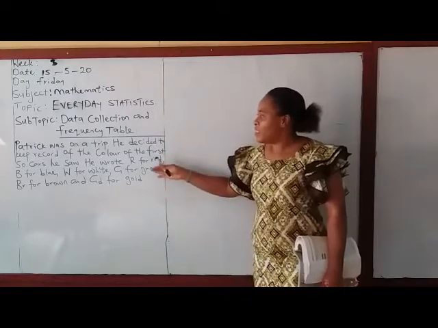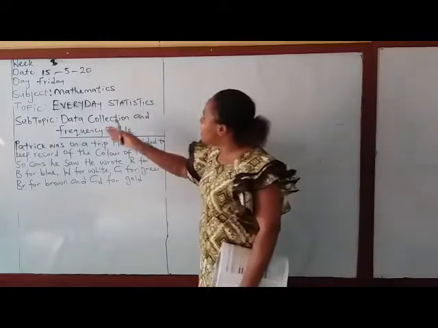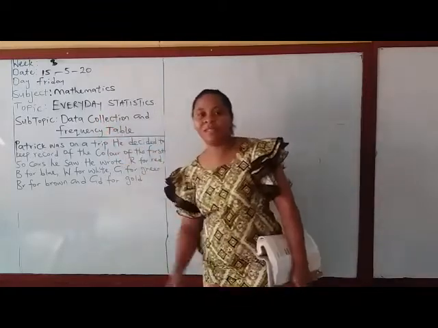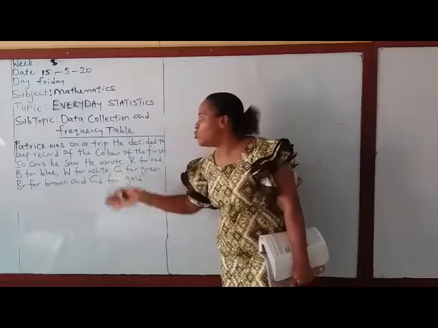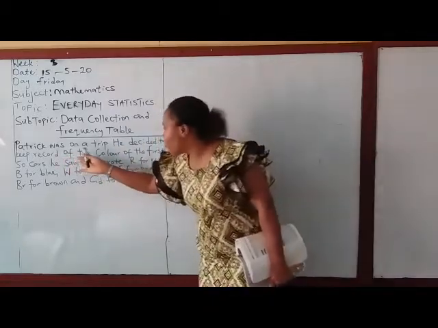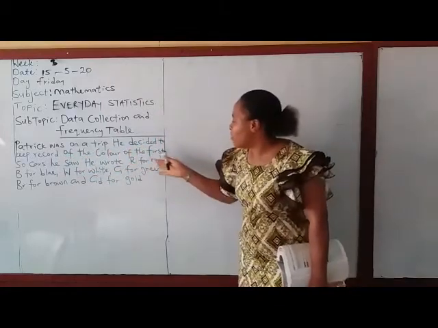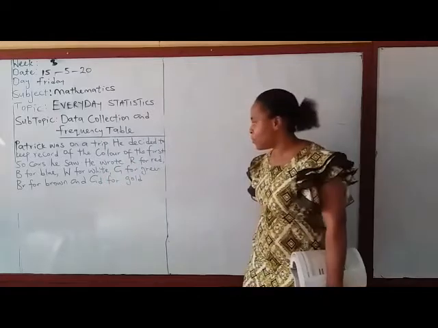So let's use this example to explain what data collection is. Look at this. Patrick was on a trip. He decided to keep record of the colors of the first 50 cars he saw.